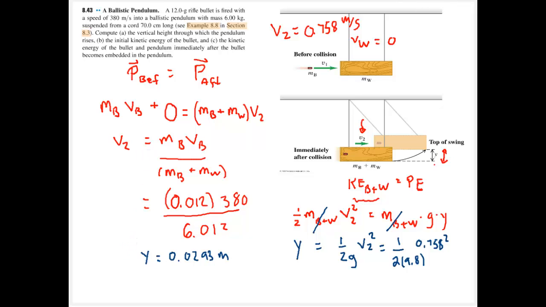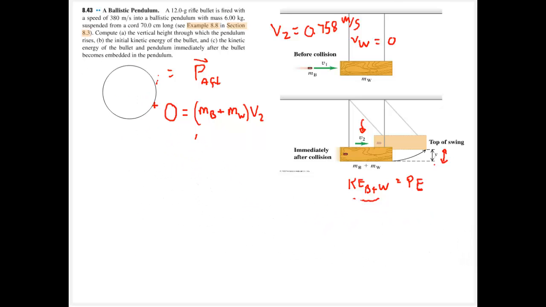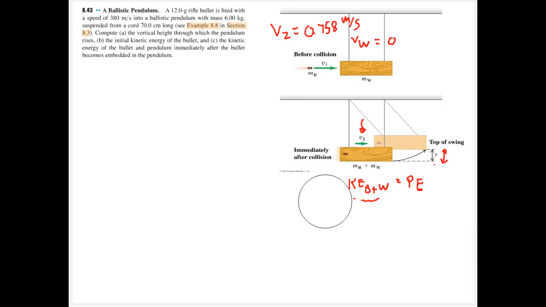Now for part B, what I'm asked to calculate is the initial kinetic energy of the bullet, which is going to be pretty straightforward.